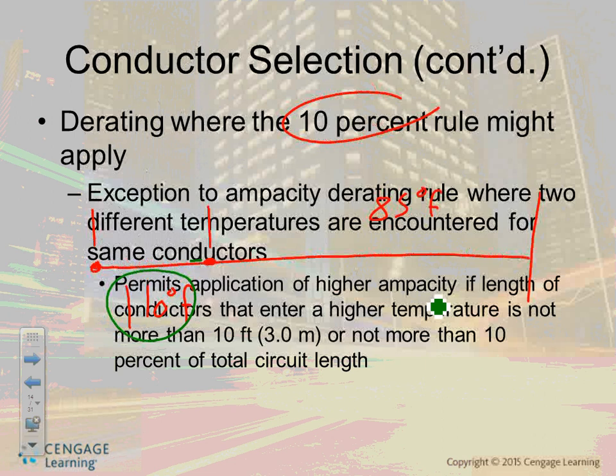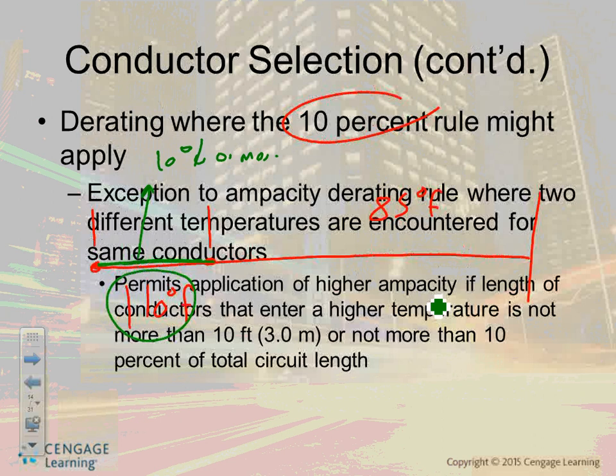Now look at this section here. If this section is 10% or more of the overall run of the circuit, then you apply this. And if that section is 10% or less, then you apply this.